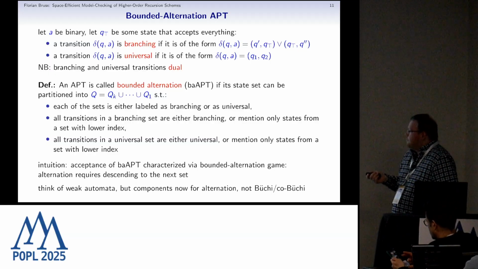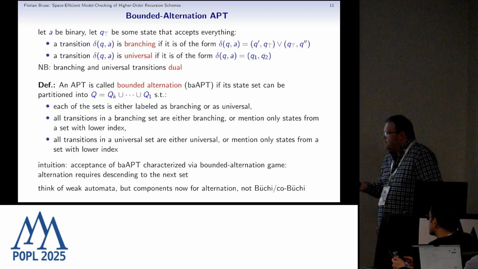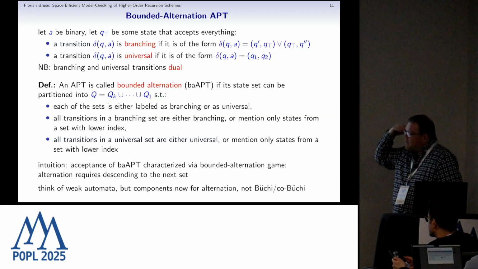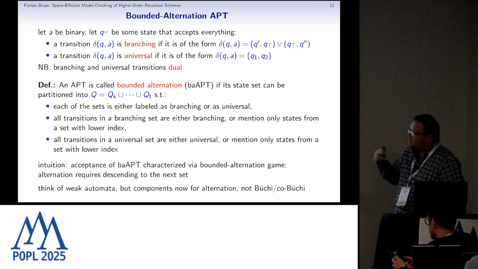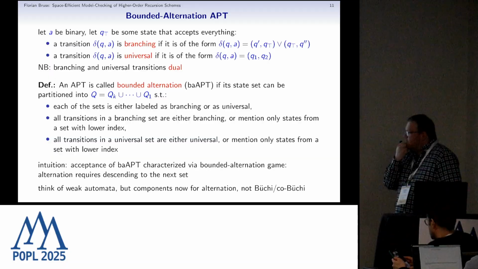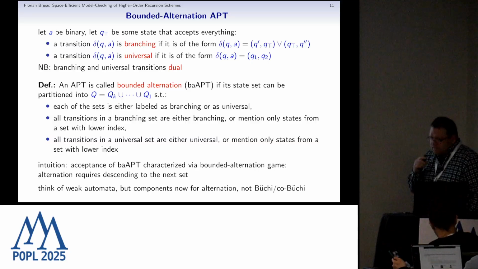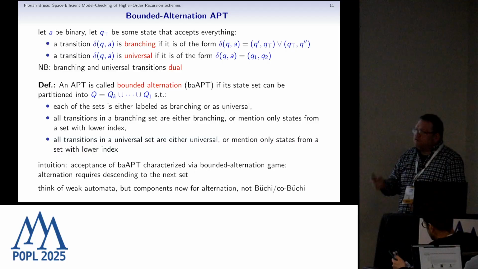And the same for the universal sets. The idea here is that this really characterizes the acceptance game of the automaton as a bounded alternation game, where if you want to have alternation, you have to go back to a set of lesser importance. Think of this as like a weak automaton, but now the components are for alternation, not for the acceptance condition.